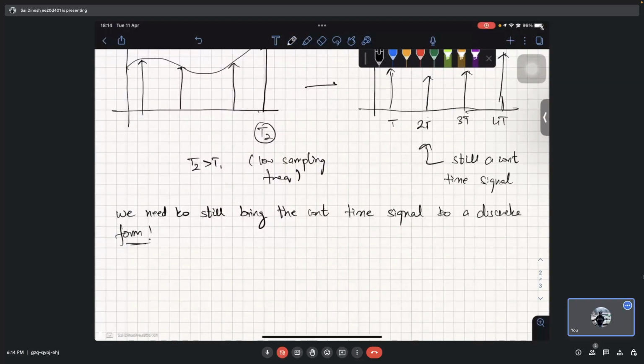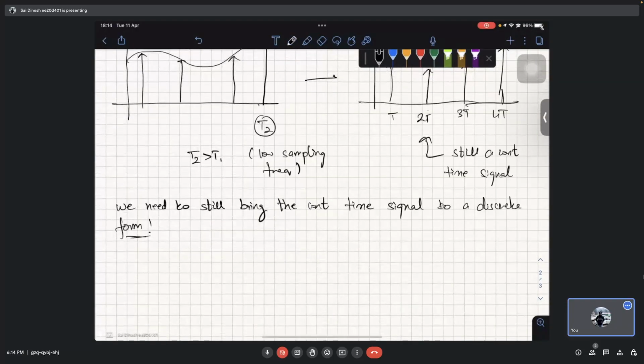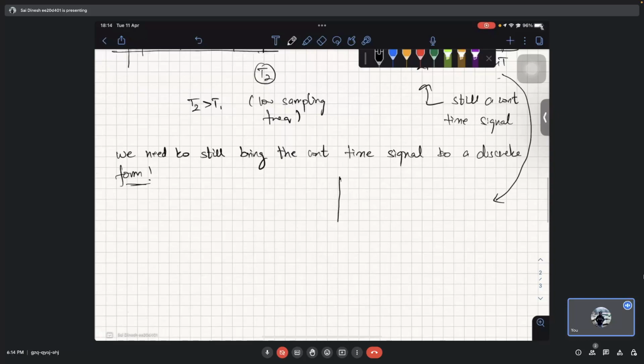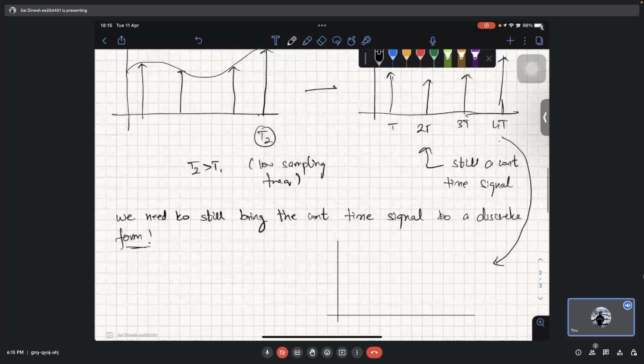Now how do we do that? We actually generate a sequence, so this is x of n.